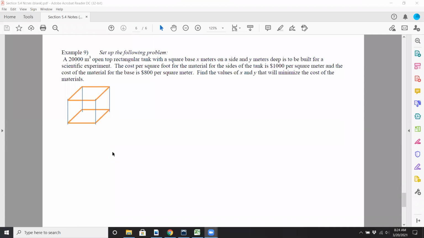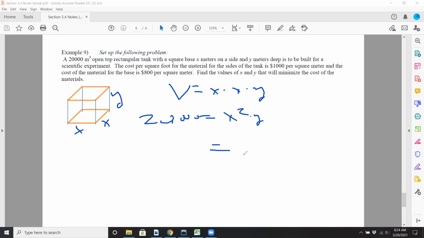Finally, example 9. Again, we have volume, and it's a square base of x and x, with height y. Volume will be x times x times y, so 20,000 equals x squared y. So y is 20,000 over x squared.